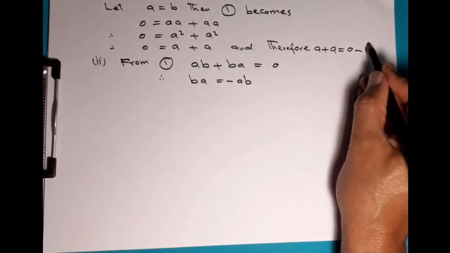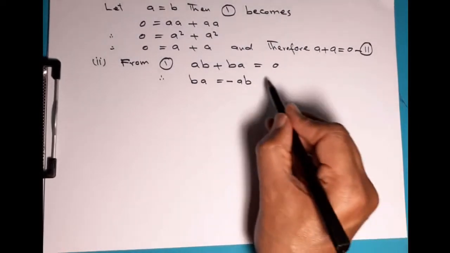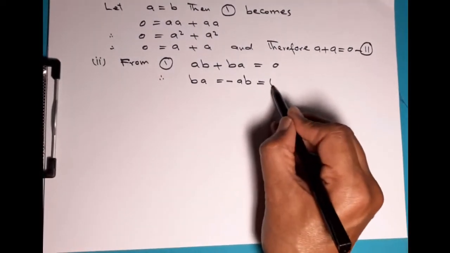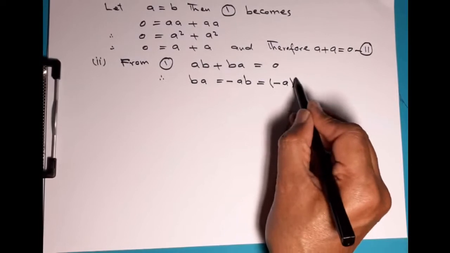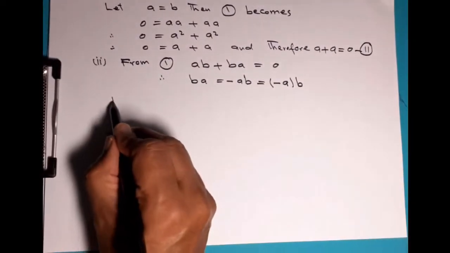Let's call it 2. ba is equal to minus ab, and we can write it as minus a multiplied with b.